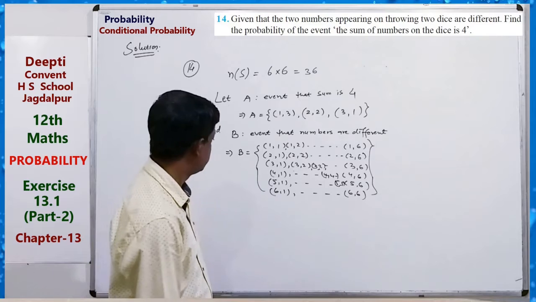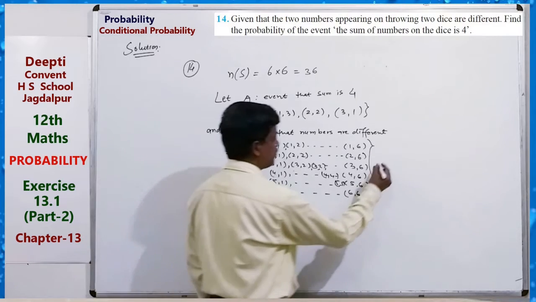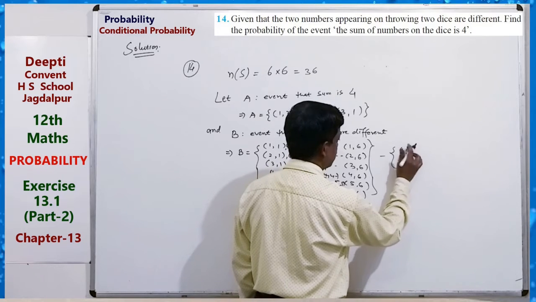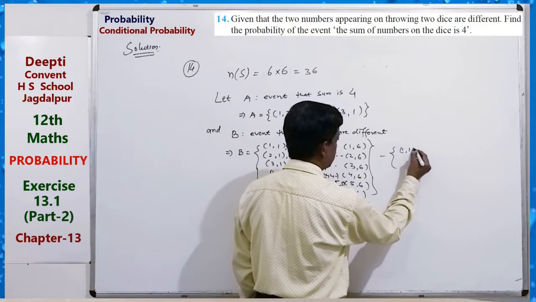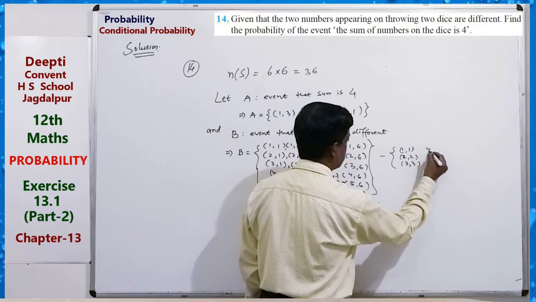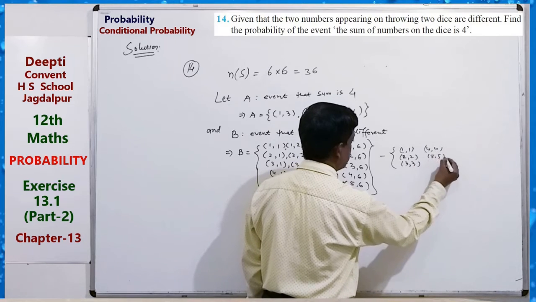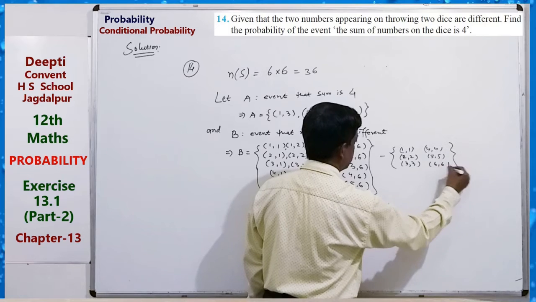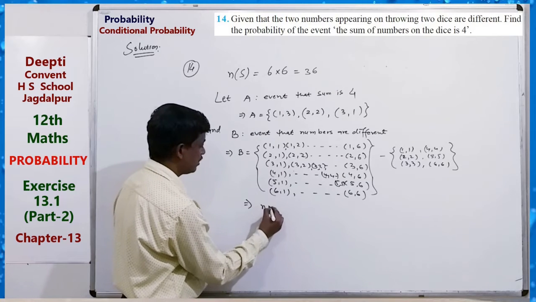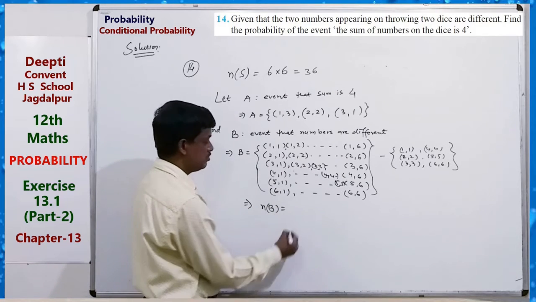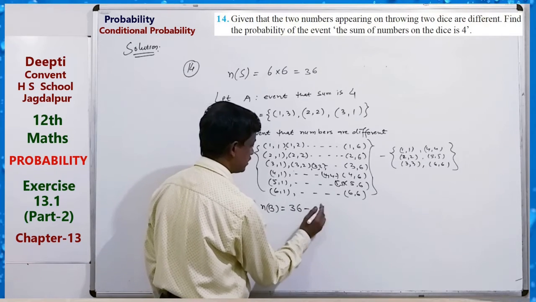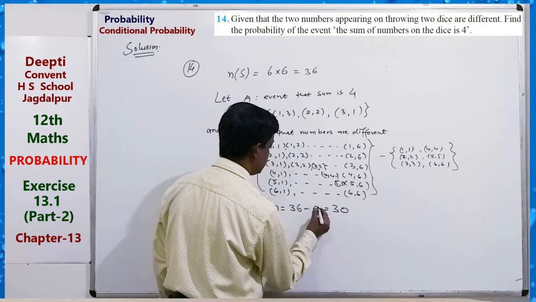For different numbers these are subtracted: minus 1 1, 2 2, 3 3, 4 4, 5 5, 6 6. This implies n(B) equals 36 minus 6 equals 30.